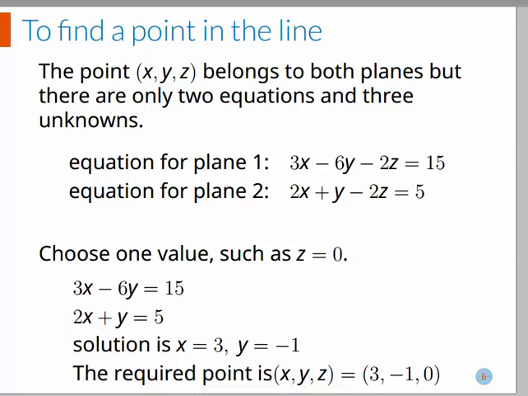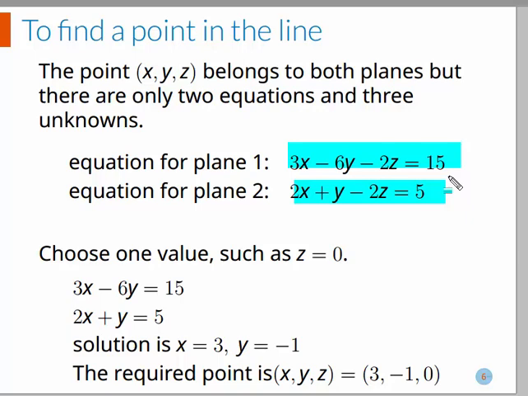So we have the 2 equations for the plane that we had before. Here's one of them, and here's the other equation for the plane. Now, for the point to be along the line of intersection, it has to belong to both planes, just as that vector belonged to both planes.